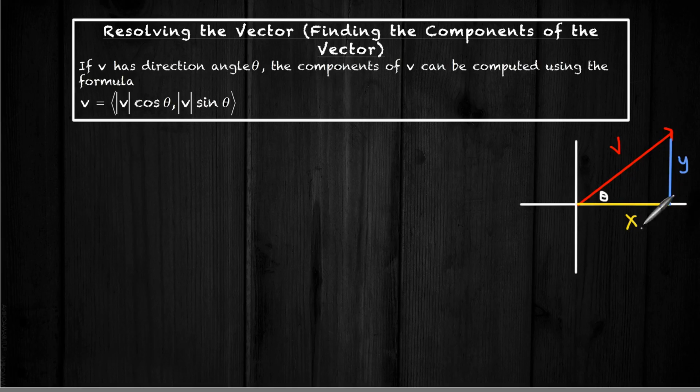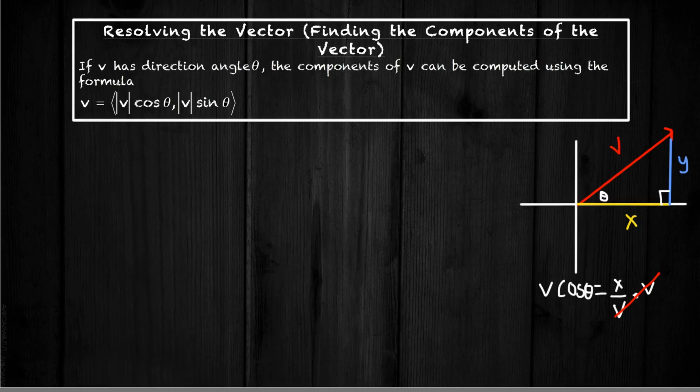So let's say we're trying to find x, we're trying to find y. Well, this is good news for you because this is all stuff that you have done before. We have a right triangle, and so we're going to use SOHCAHTOA. So we will say cosine of theta is equal to adjacent, which is the x, over your hypotenuse, which is v. And so if we multiply both sides by v, the v is going to cancel.